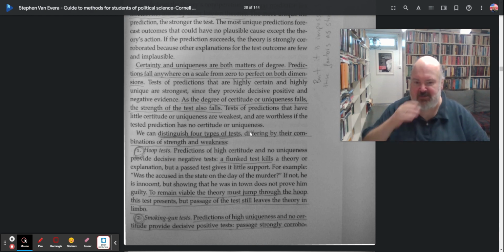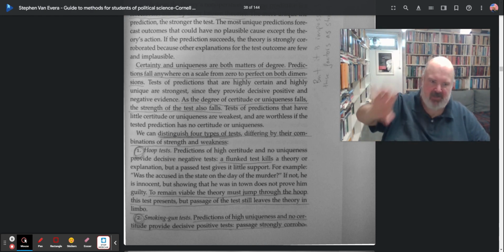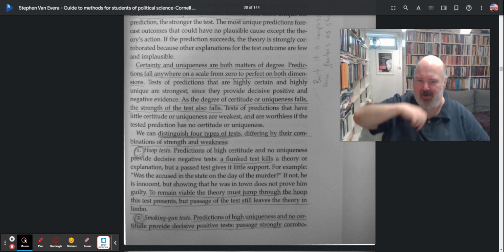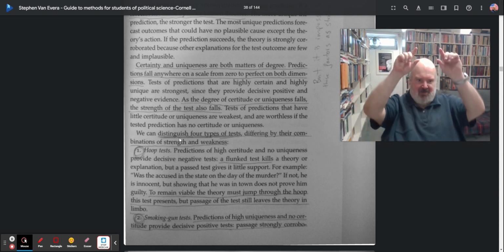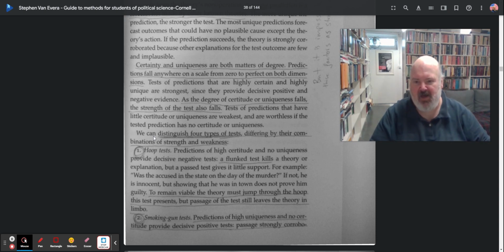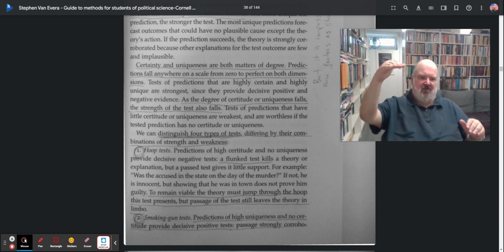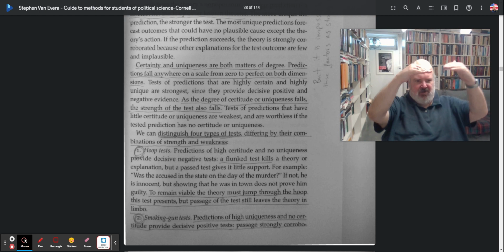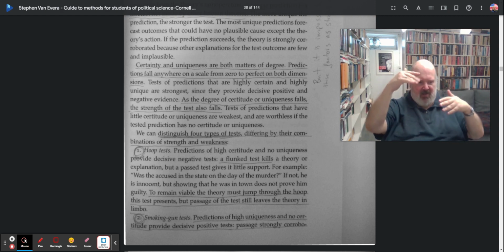We can distinguish four types of tests. Remember, certitude, uniqueness, high and low. So therefore there are four categories, differing by their combination of strengths.